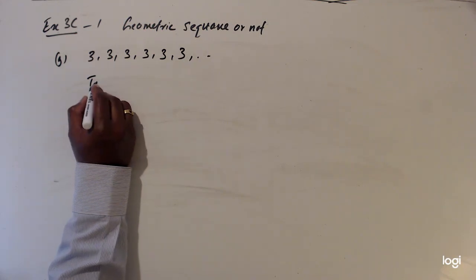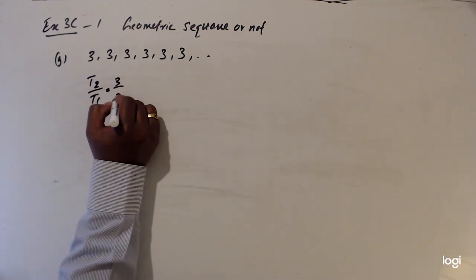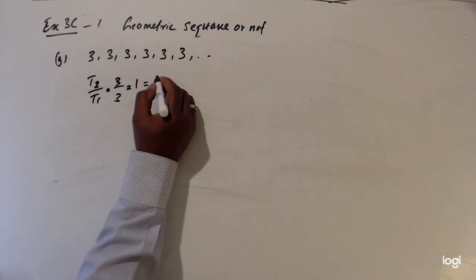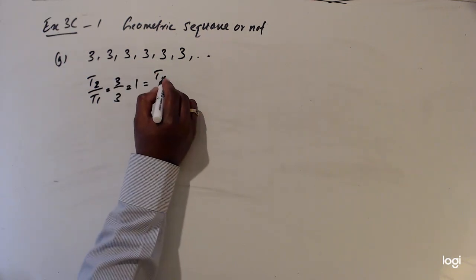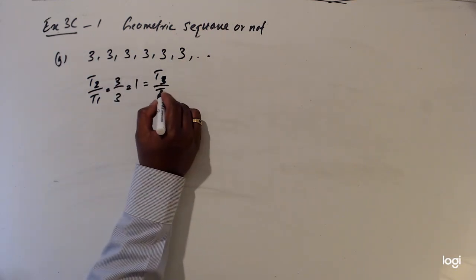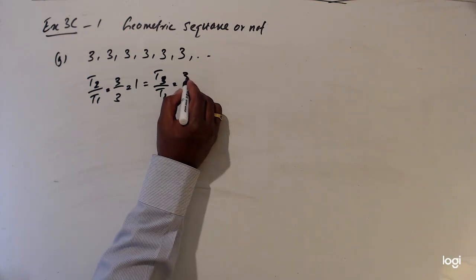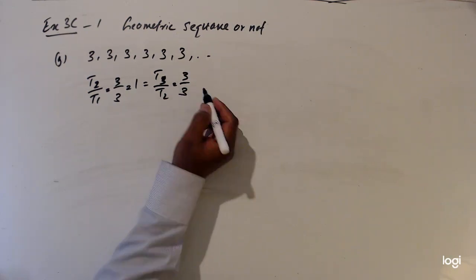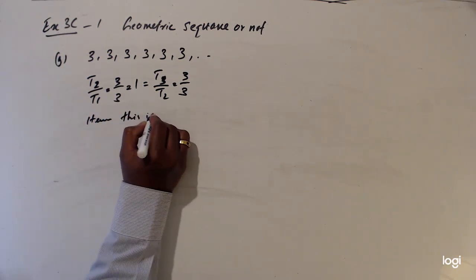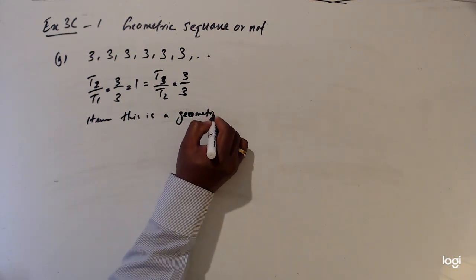So T2 over T1 equals 3 over 3 equals 1, equals T3 over T2, equals 3 over 3. Hence, this is a geometric sequence.